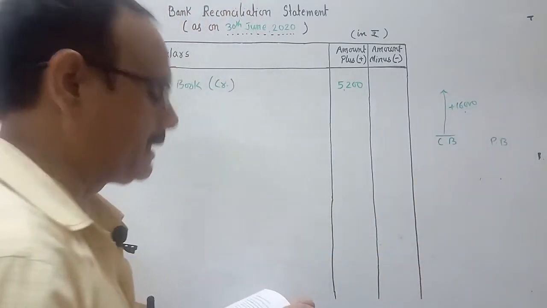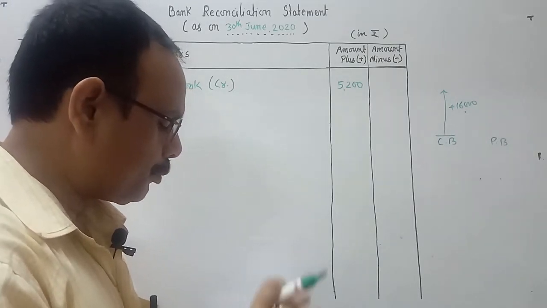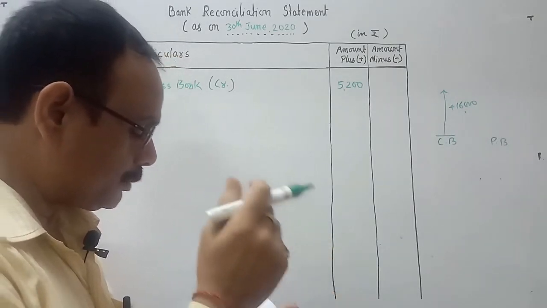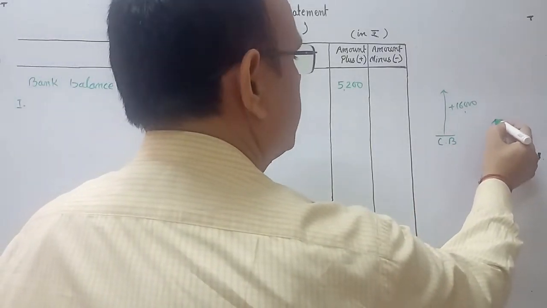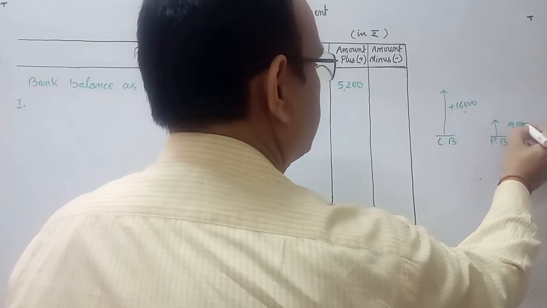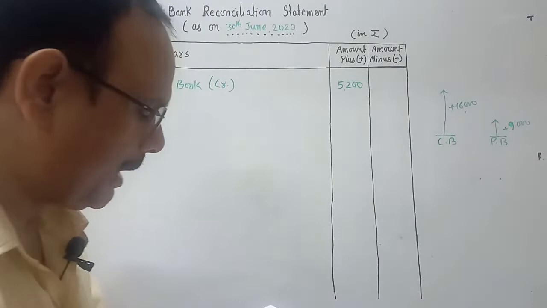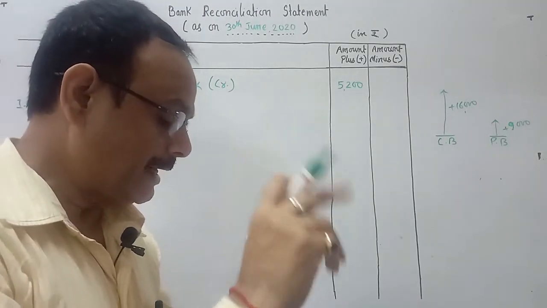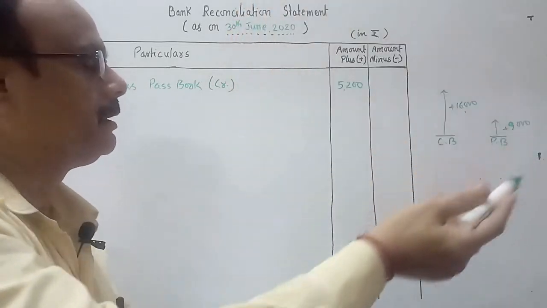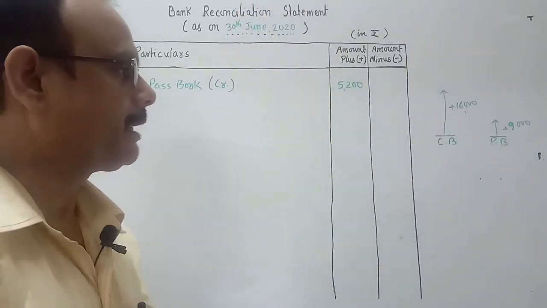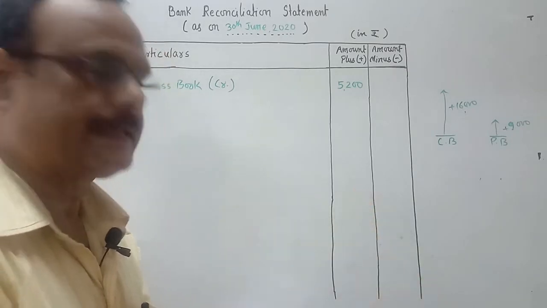Only 9,000 rupees of checks are credited in the passbook in June. Checks amounting to 3,000 were credited in July, means after this date, so that is not credited on or before 30th June, and the rest have not been collected so far.